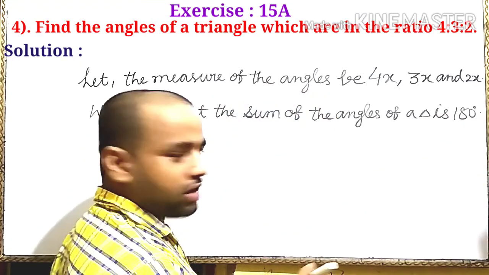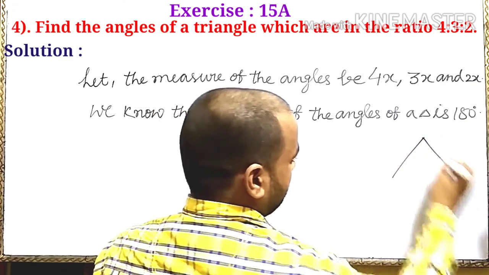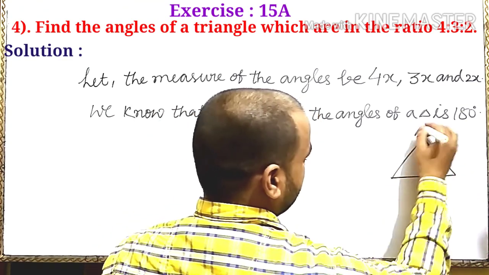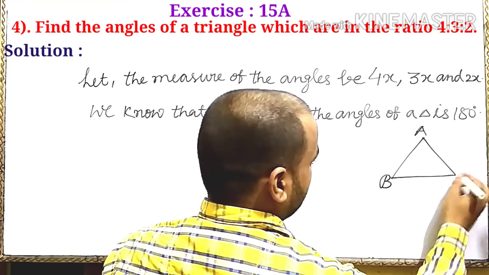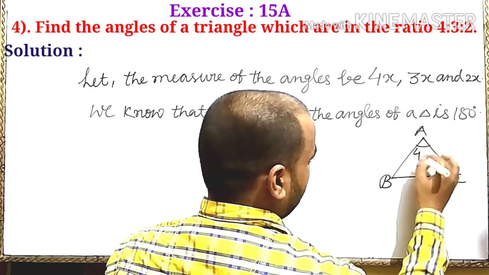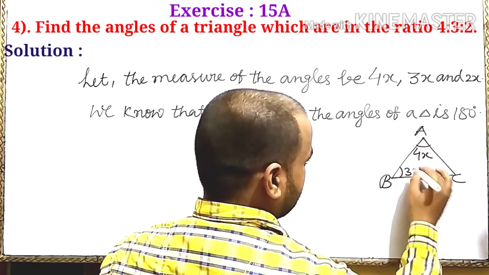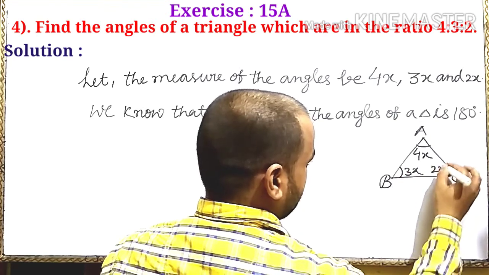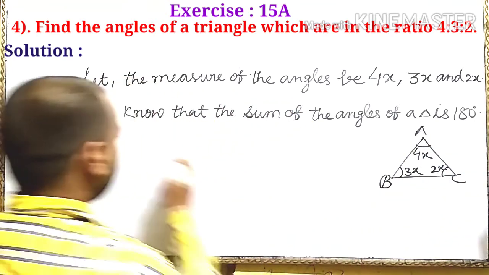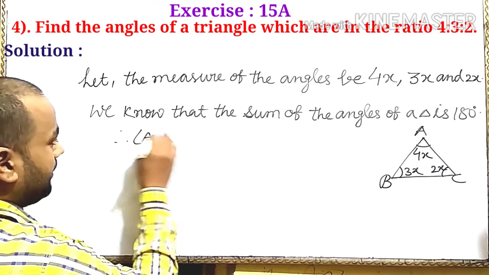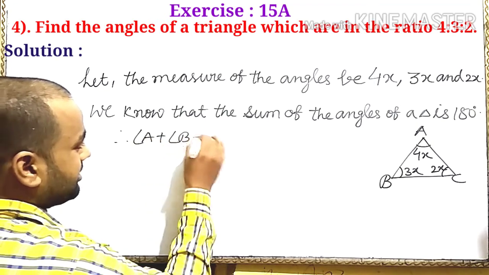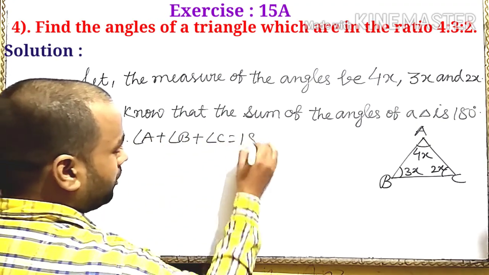If you want to draw a figure, draw here. This is triangle ABC. These angles are 4x, 3x, 2x. Therefore, angle A plus angle B plus angle C is equal to 180 degree.